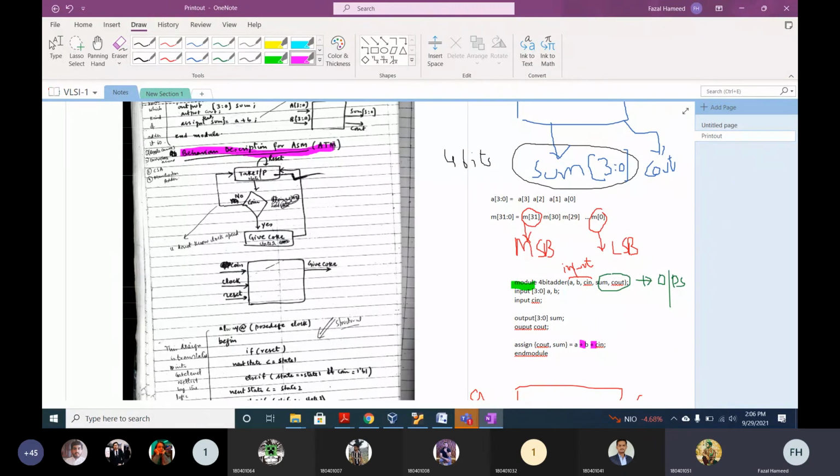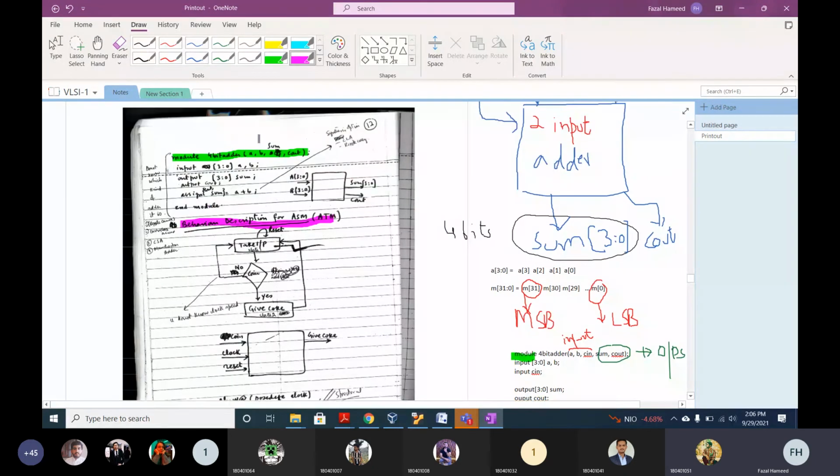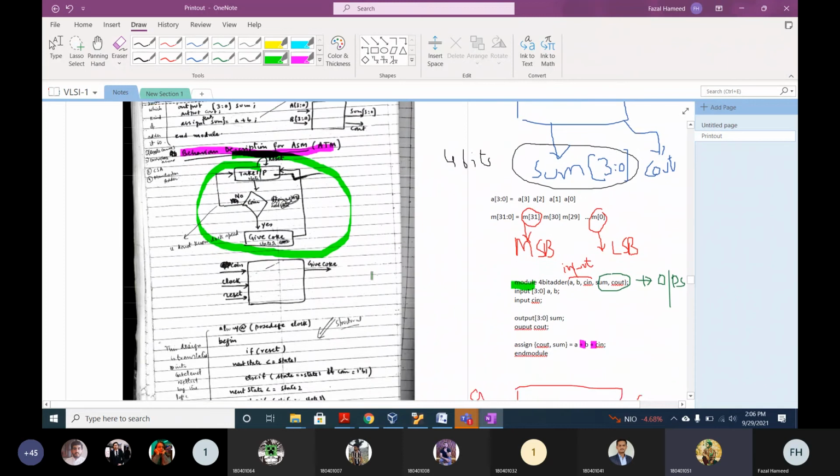Can you see on the left hand side in the green? Yes. Okay, so the system is expecting some input and it is expecting some coins. If the coin is inserted, it will give the coke, and if the coin is not inserted, it will again go to the initial state, and in the initial state it is expecting some input, and it is continuously monitoring that input. It's a very simple system.